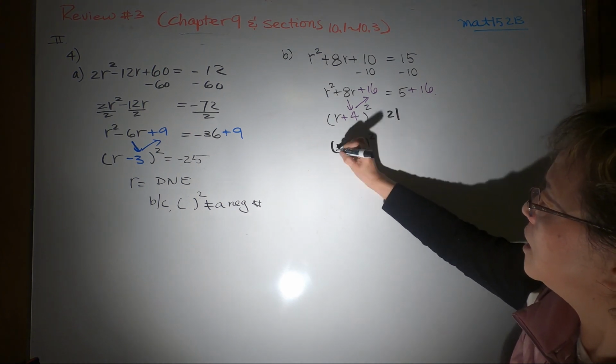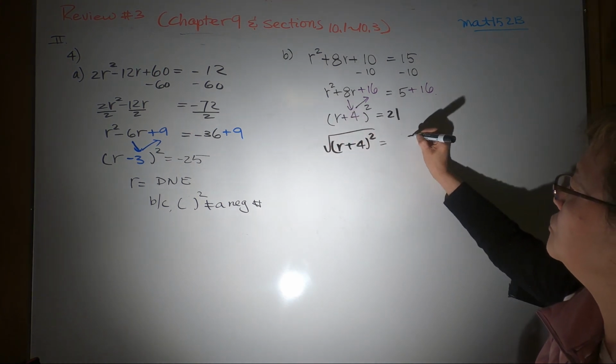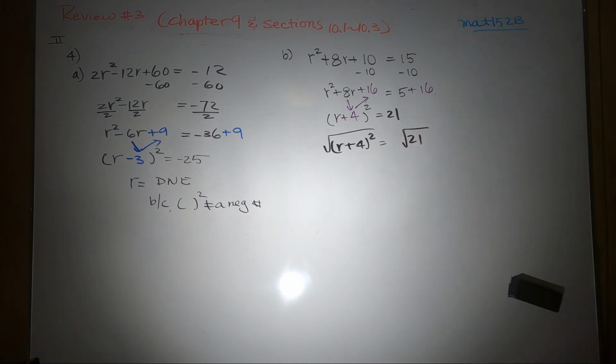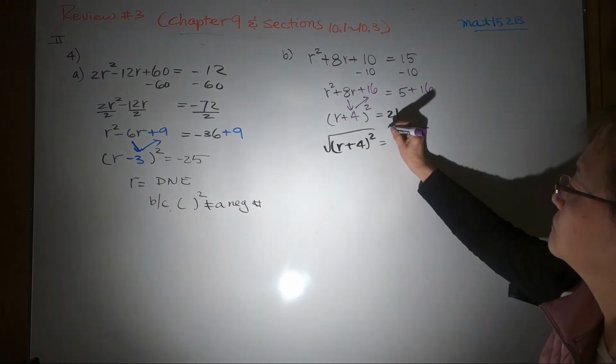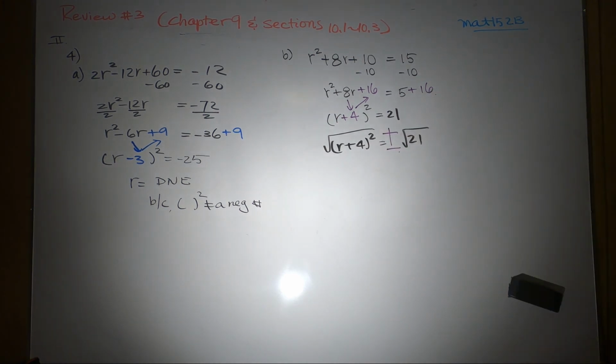To isolate your r, you have to take a square root, right? Which is fine. Then when you use the square root property, you need to do what? An extra step. Remember this, okay? Then those cancel.